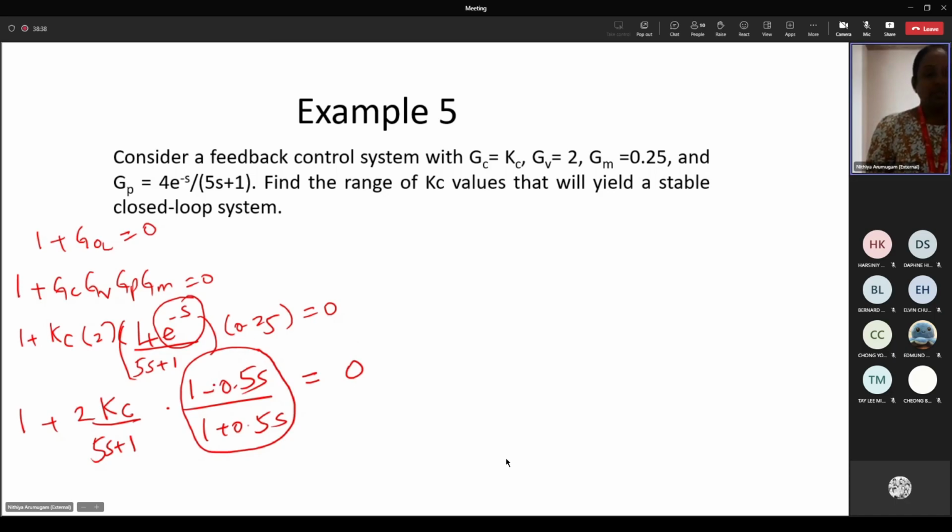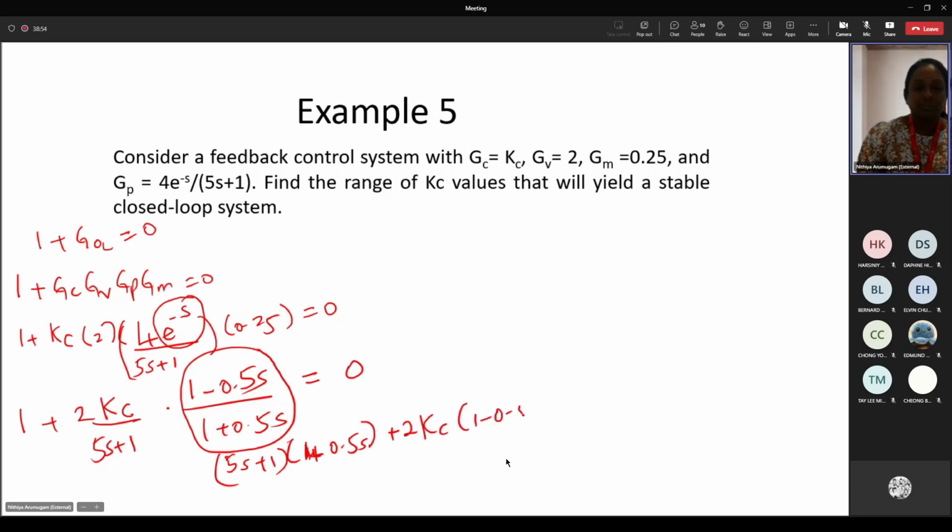So we can solve this: (5s plus 1)(1 plus 0.5s) plus 2 Kc (1 minus 0.5s) equals to 0.